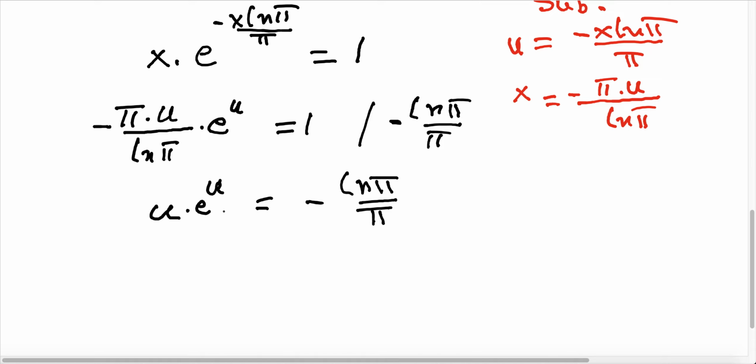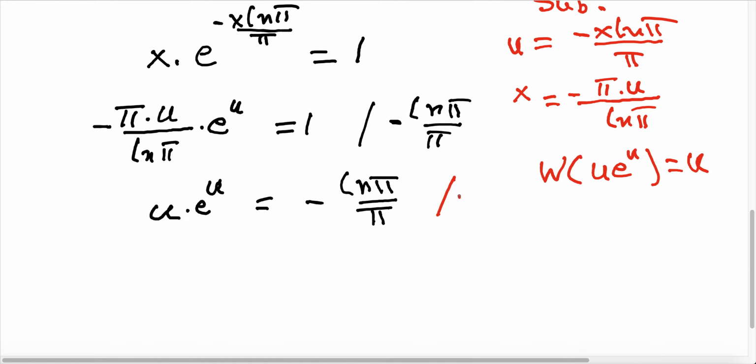And now I brought it into the form where we can apply the Lambert function. And the Lambert function we already know. Let me go back. W of x times e to the exponent x is equal to x, but because I have u here, I am writing it in this form.